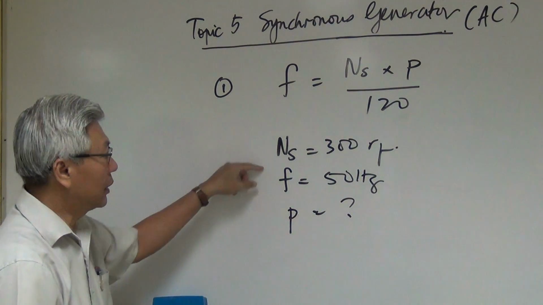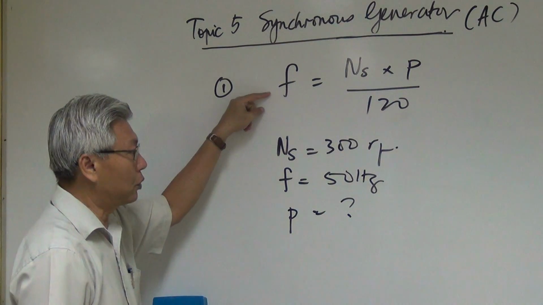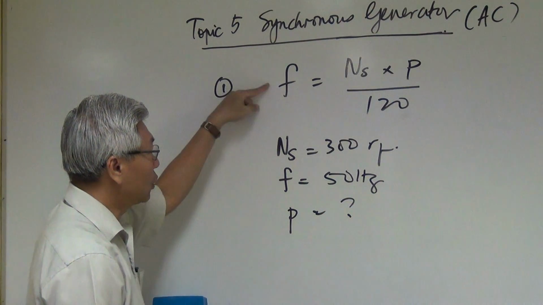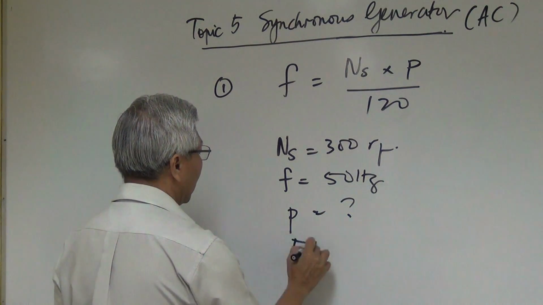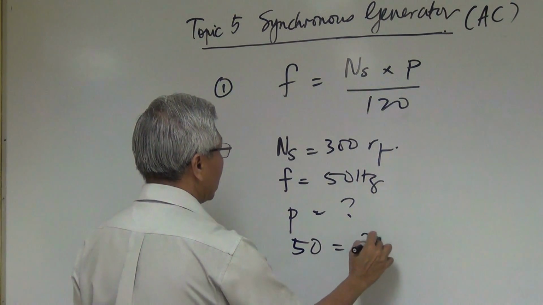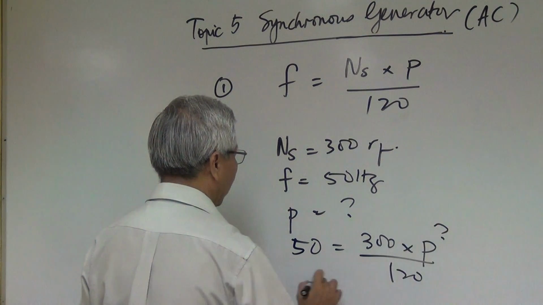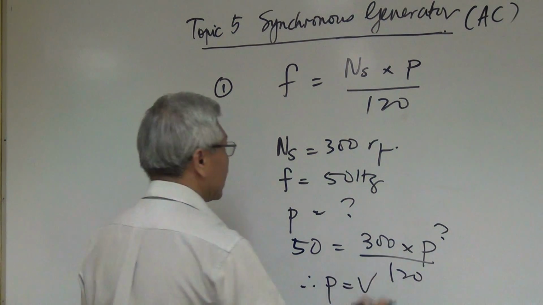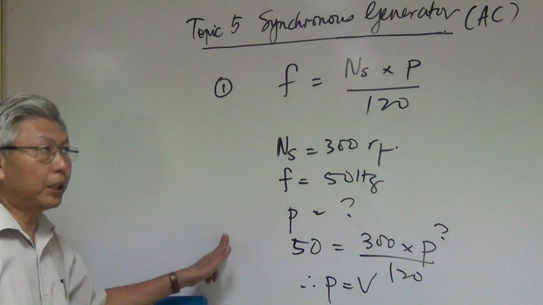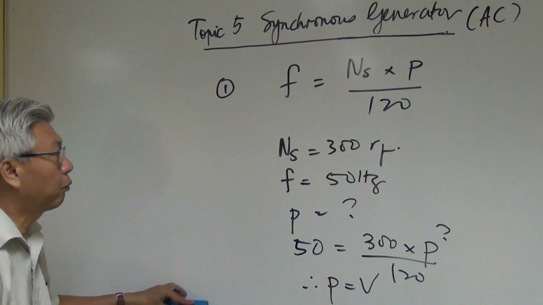Of course, in this case we need to use this equation. So substitute the value here, 50 Hz equals the speed multiplied by P over 120. Therefore, P can be calculated. That's how we make use of formula number 1.